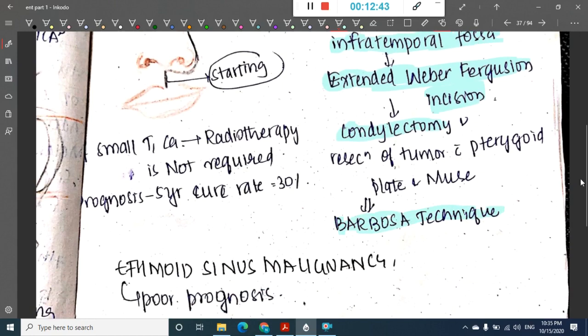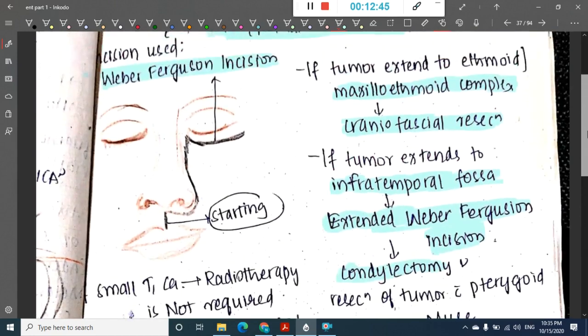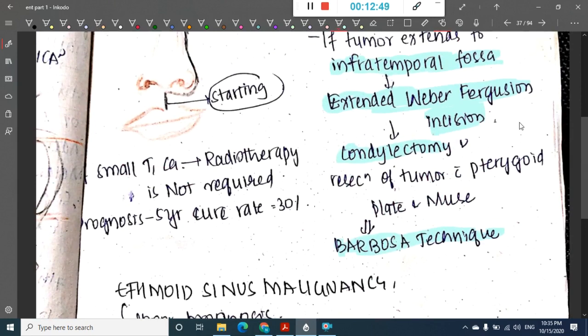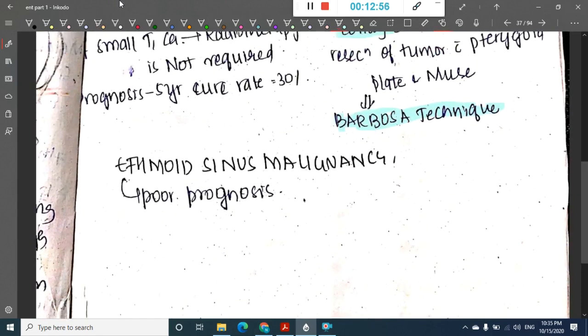Even if you don't know the process, at least know the name of the technique. If there is ethmoid sinus malignancy, then it has poor prognosis. So this is about the malignant tumors of the paranasal sinuses.